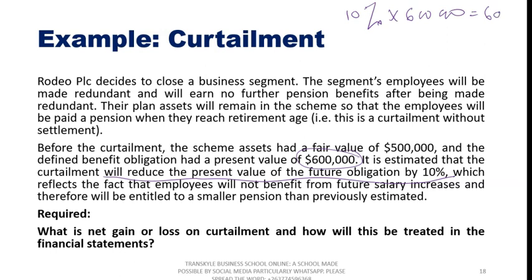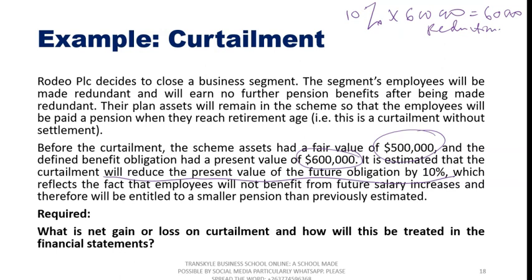This is going to be a 60,000 reduction. However, there is no reduction with regards to the plan assets. They will remain at 500,000. The plan asset is not going to be affected by this reduction.